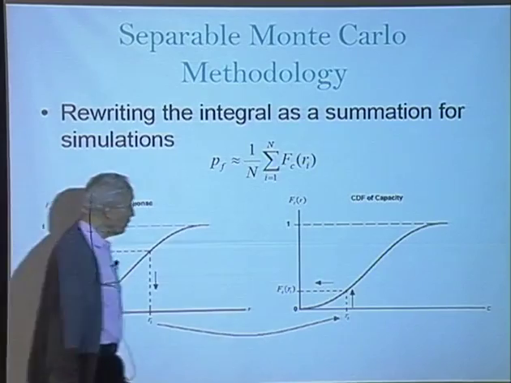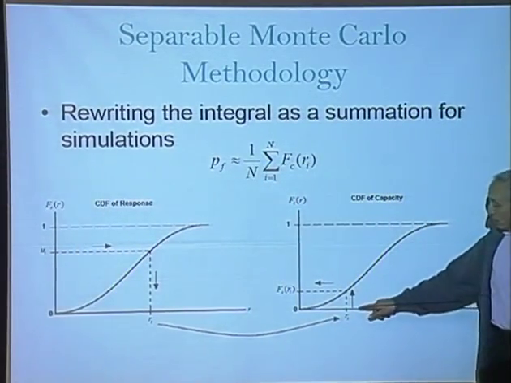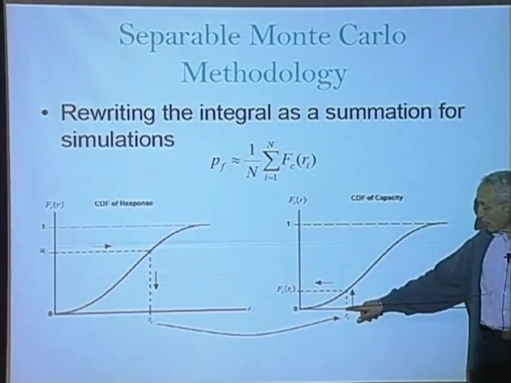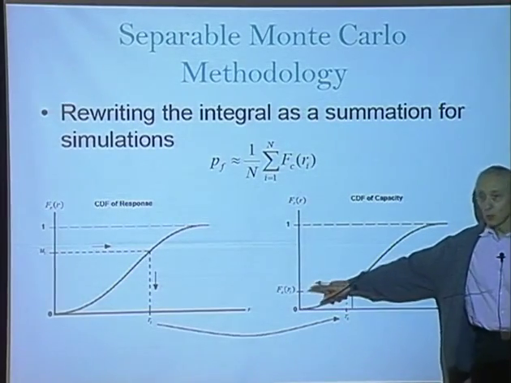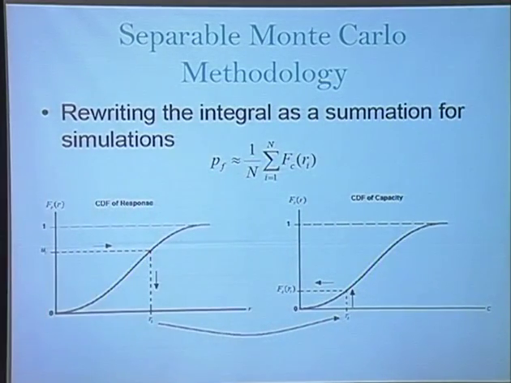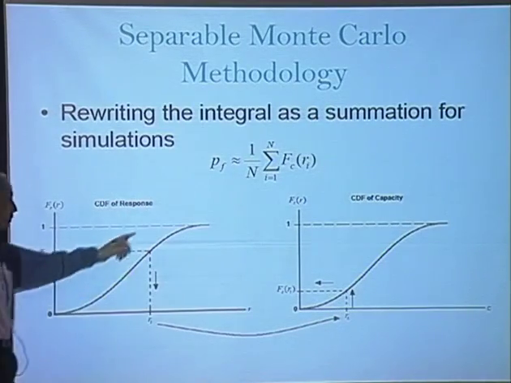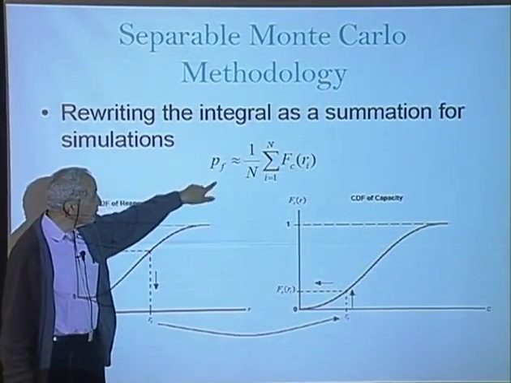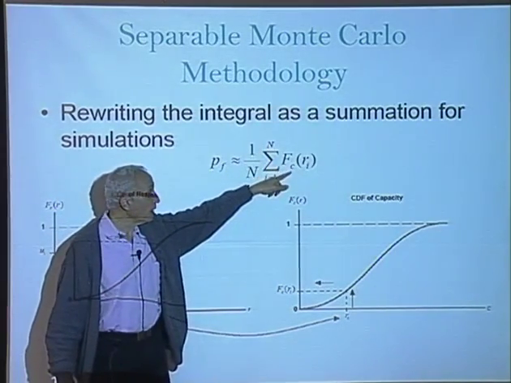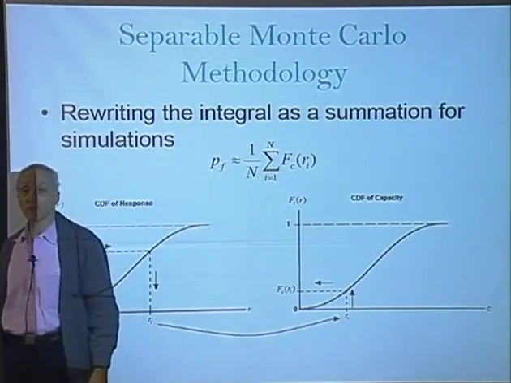However, for the refined Monte Carlo or the separable Monte Carlo, what we are doing is sort of reverse direction. We generate a random value of the response, and we look up the CDF of the capacity. So the probability of failure, if you use the refined or separable Monte Carlo method, you will generate whatever numbers of responses, calculate the capacity, and then calculate the average.